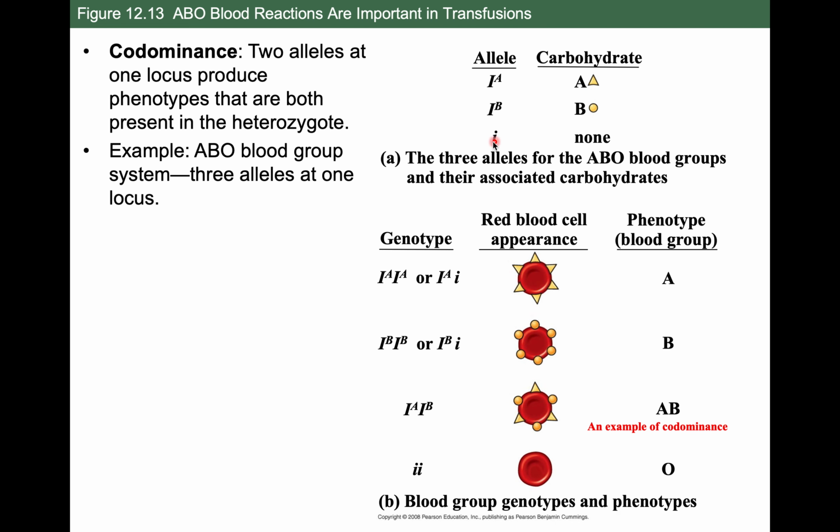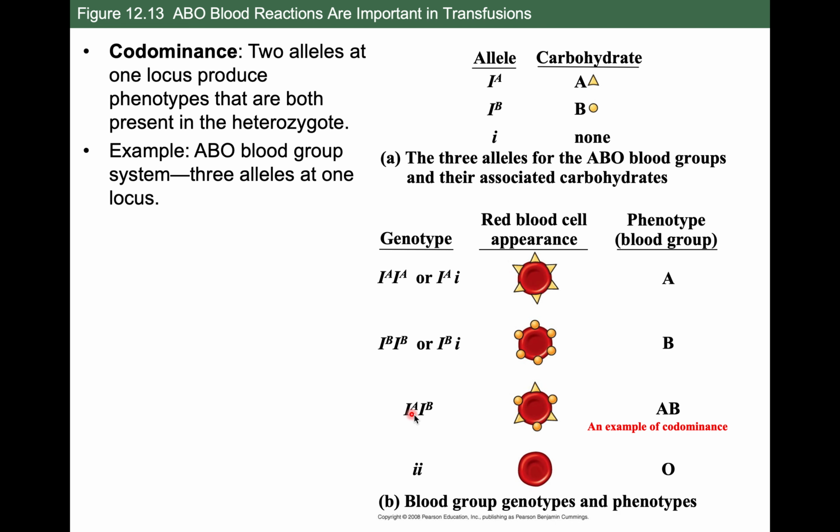And then you have a recessive i allele that is essentially a broken version of that gene, in that it doesn't actually code for any carbohydrate at all. So if you are homozygous recessive, little i, your red blood cells have no carbohydrates on the surface.